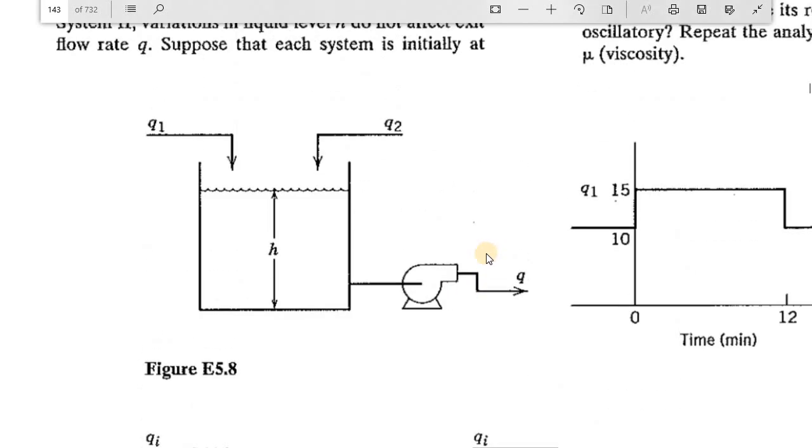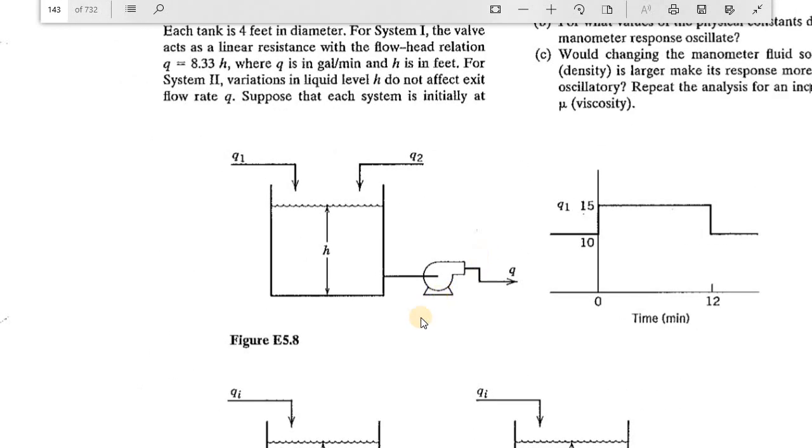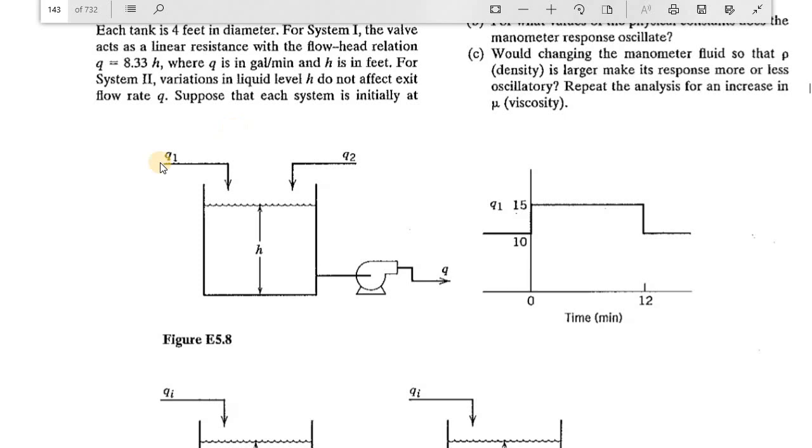In that system I have Q1 and Q2, and the exit is Q, and we can see that there is a pump here. That means Q does not depend on the head pressure, and this is like an integrating process, because if Q1 increases, this will not be affected by H, so it will increase until it overflows.